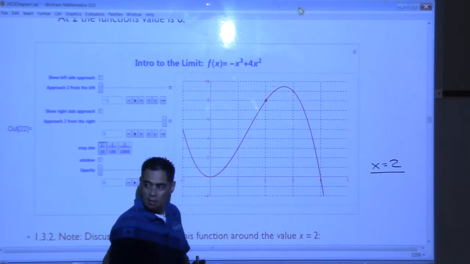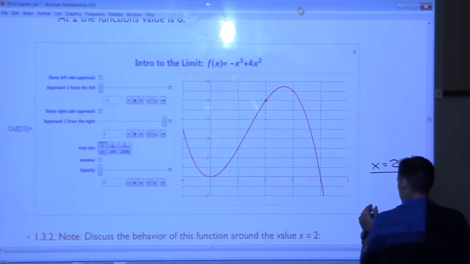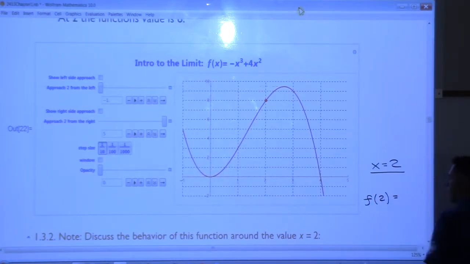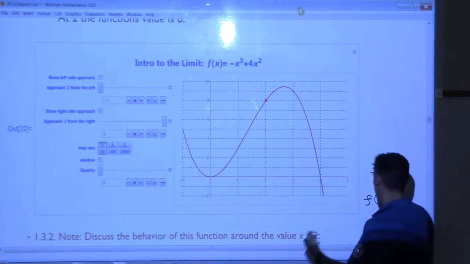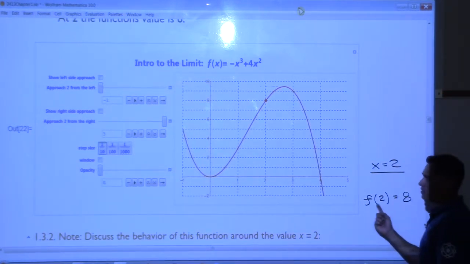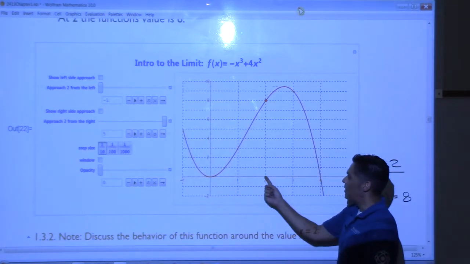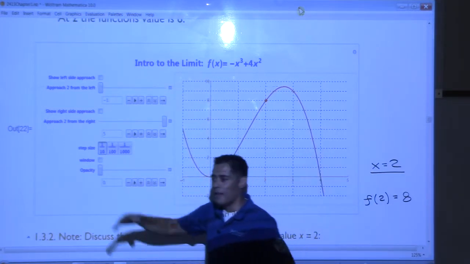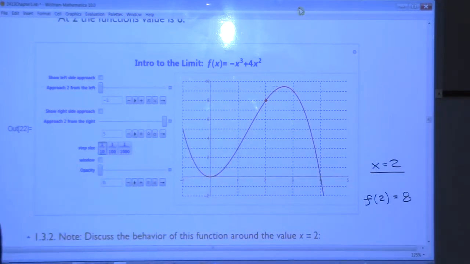David, looking at that picture, what is f of 2? 8. Okay, so all you're doing is saying, hey, look, this is a college algebra problem, right? He's asking me to go to an x value of 2 and look at where I have graph. So you look up and you say, oh, there's the point on the graph, and that's at 8, and we're done. That is college algebra, right?